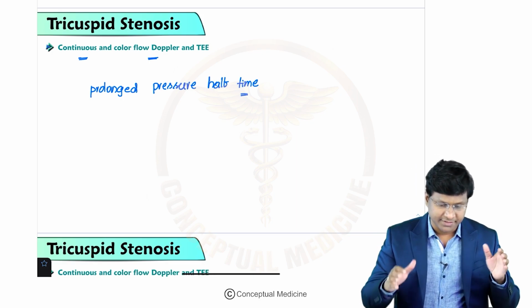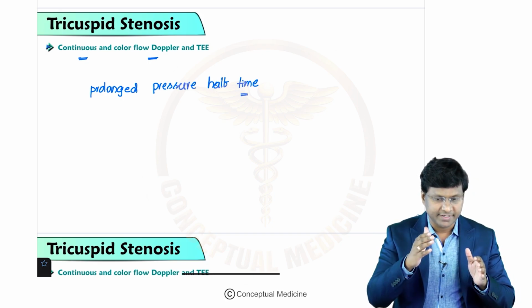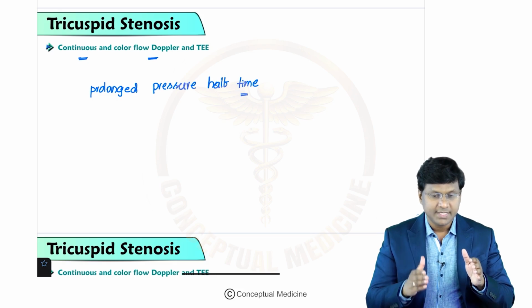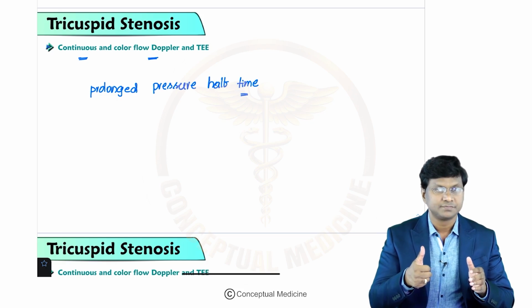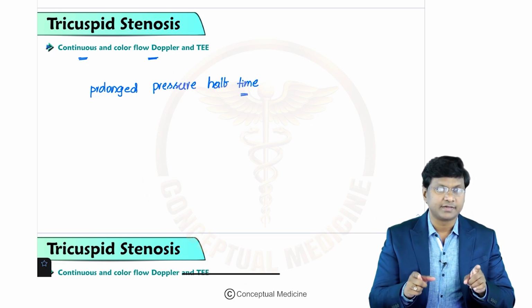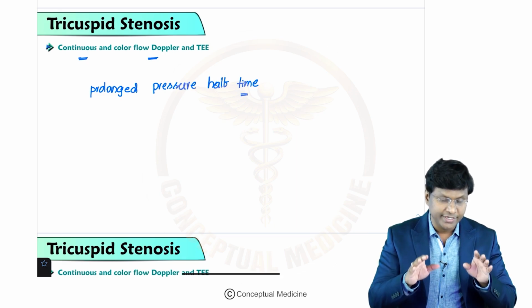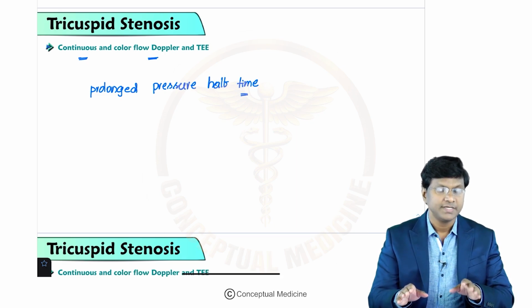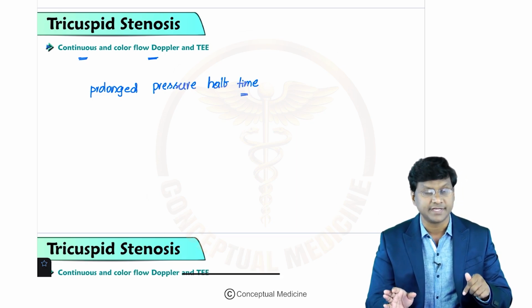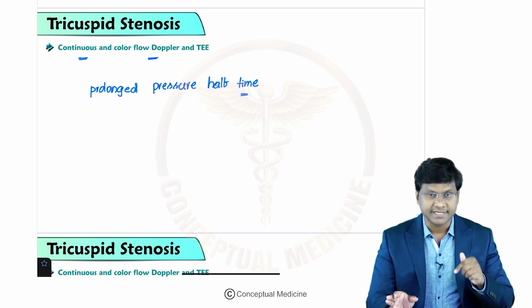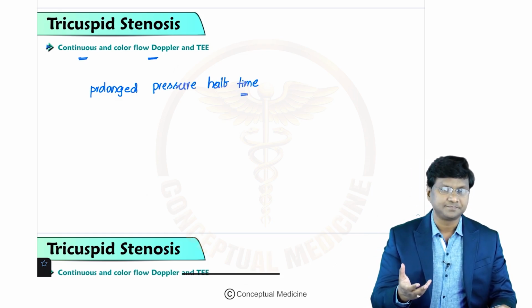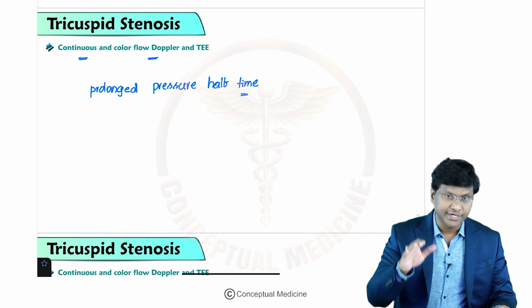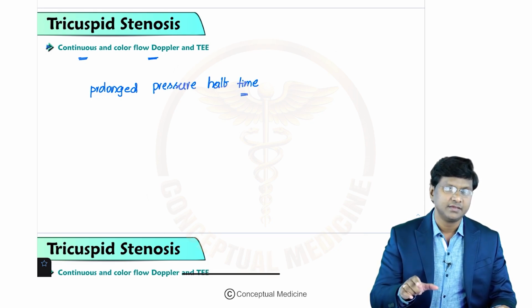I'll repeat again. Whenever the right atrium contracts, the blood from the right atrium enters the right ventricle. So what happens to the pressure in the right atrium once it contracts? It increases. The time required for the pressure to reduce to half is called pressure half time. But in case of tricuspid stenosis, or mitral stenosis, the time required for this pressure to reduce to half within the atria is more.